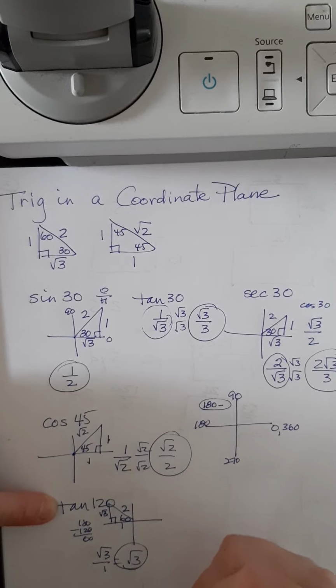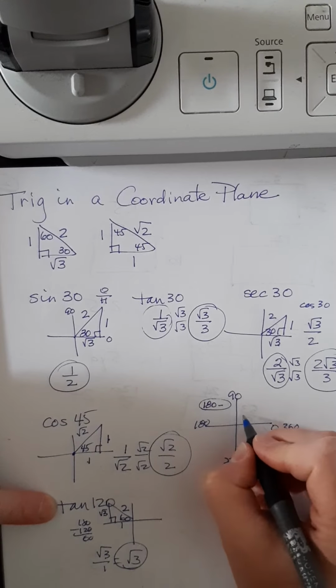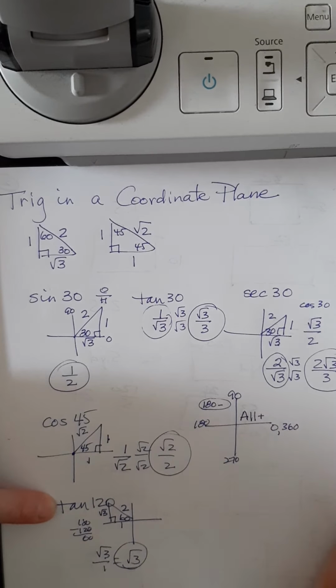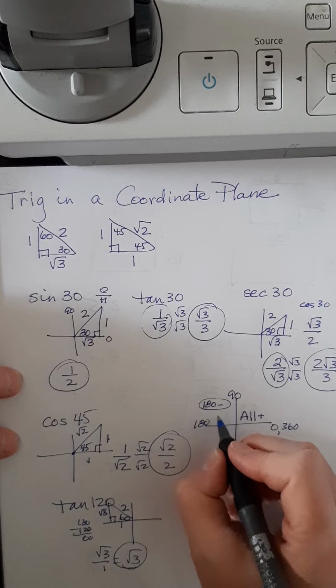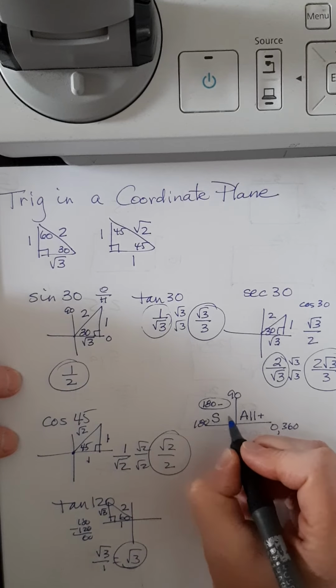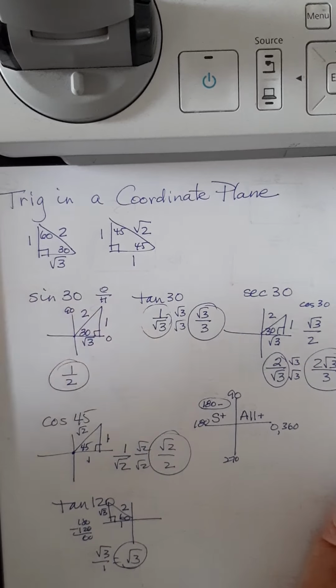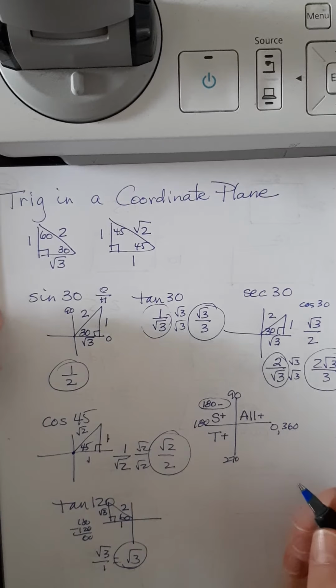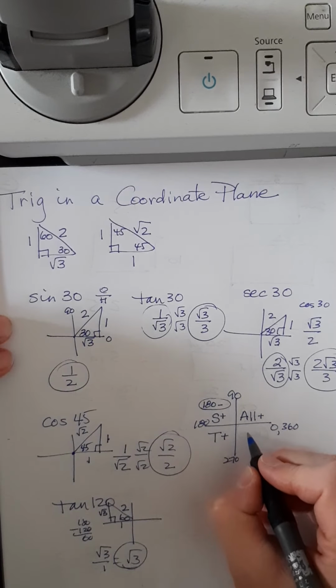Now there's one last thing. In this acronym, first quadrant, everything's positive. Sine, cosine, tangent, of course their reciprocals. Second quadrant, sine is positive. So that means, by process of elimination, cosine and tangent are negative. Third quadrant, tangent's positive, so the other two are negative.